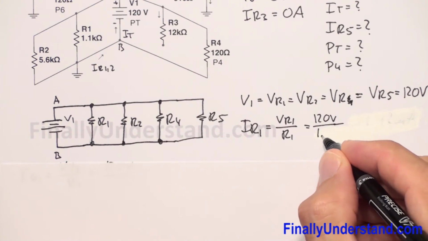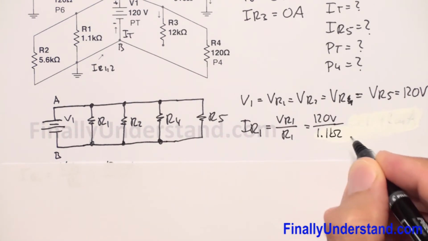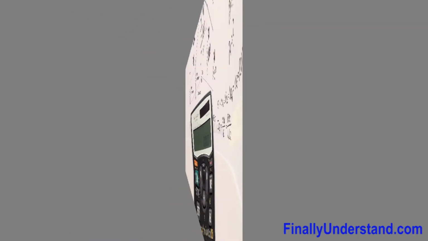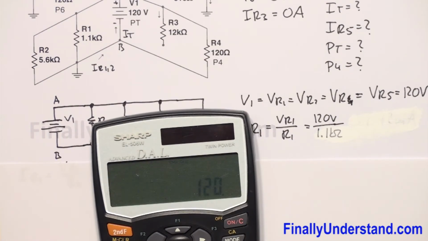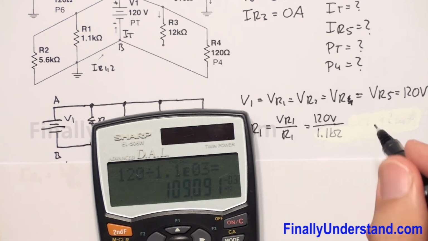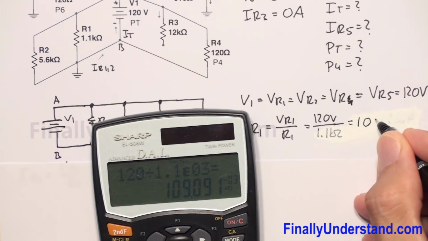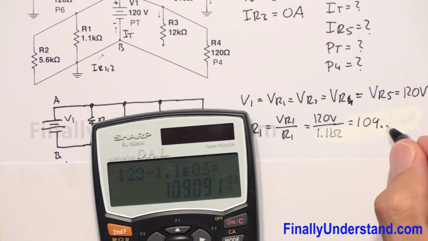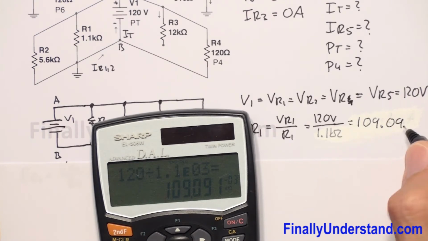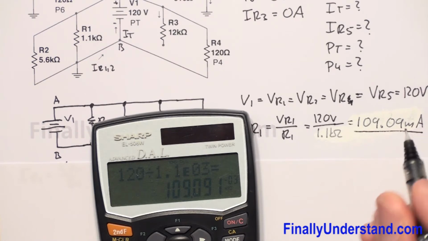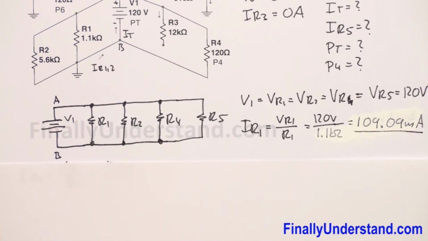Now I'm going to use the calculator: 120 divided by 1.1 times 10 to the power 3. This is equal to 109.09 milliamps. This is my IR1.